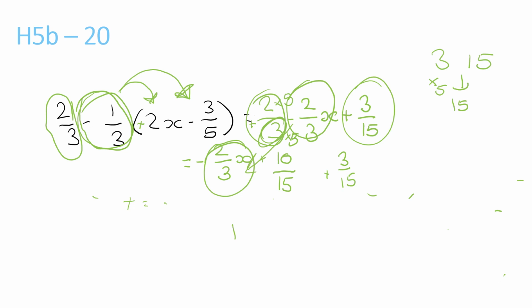So 3 over 15 equals, you want the minus 2 over 3 from the beginning, and then you've got the x, plus 10 plus 3, 13 over 15.